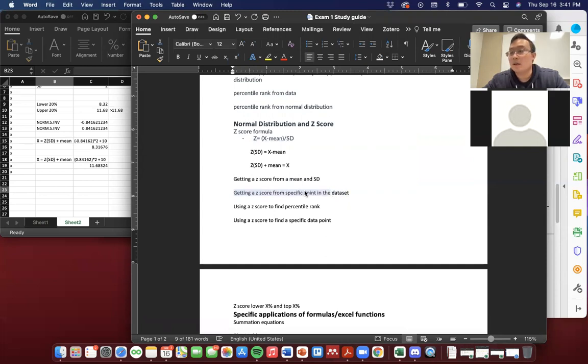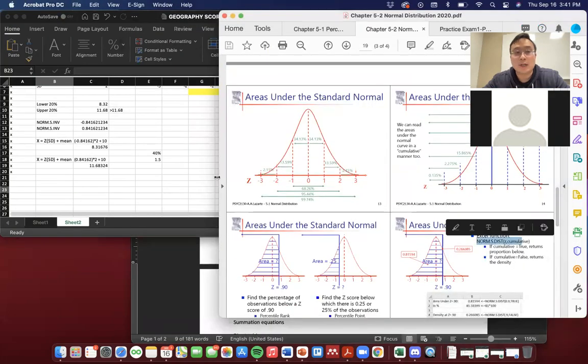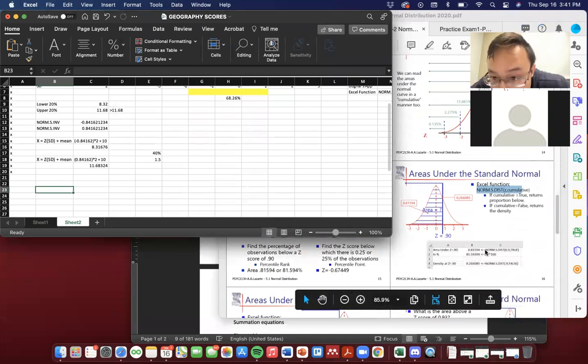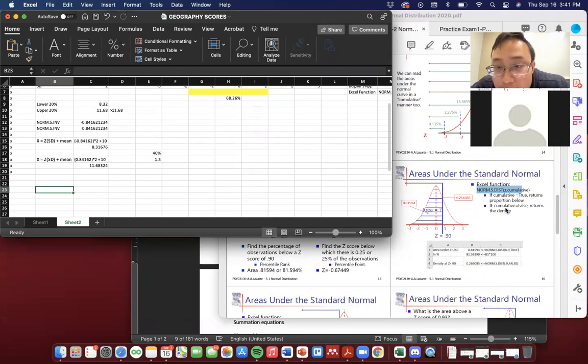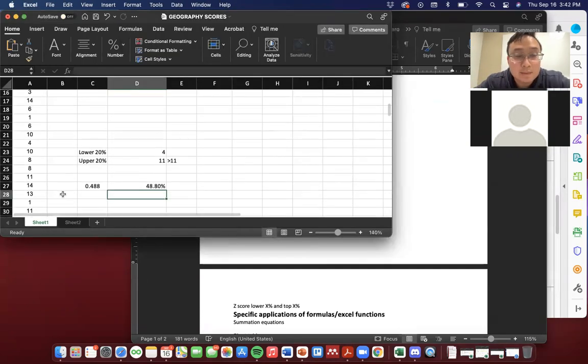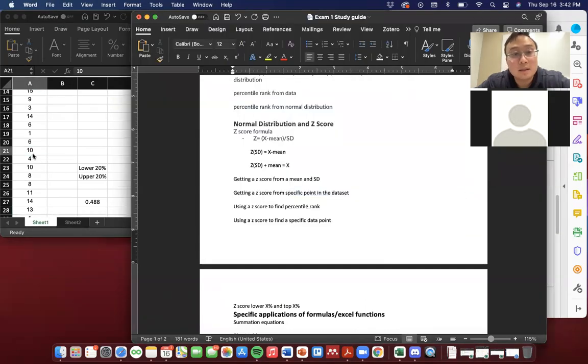So you can do that with, I think, this function right here. Is it this function? No, this gives you percentage. Oh, no, sorry, this is easy. So if it gives you a specific point in the data set, like say 10, and tells you to find the z-score of 10 in this data set, well, you plug 10 into here.